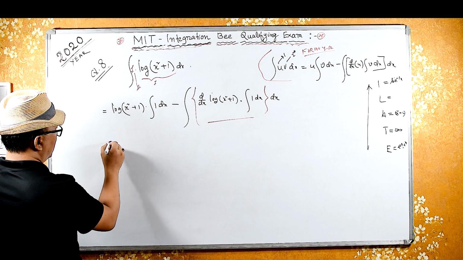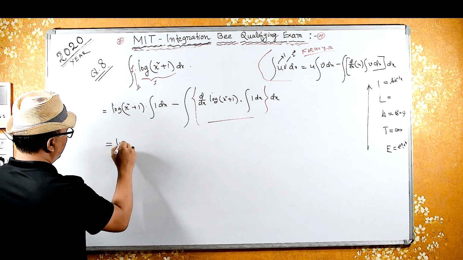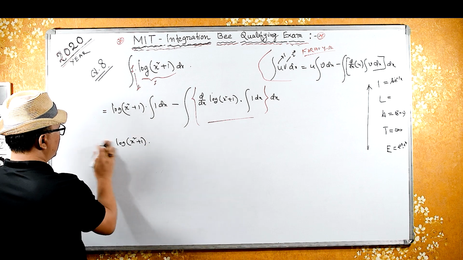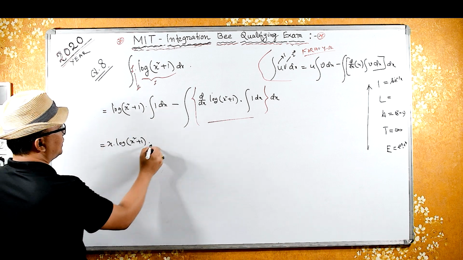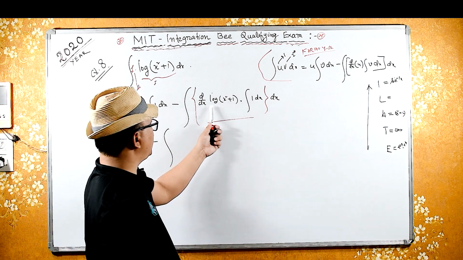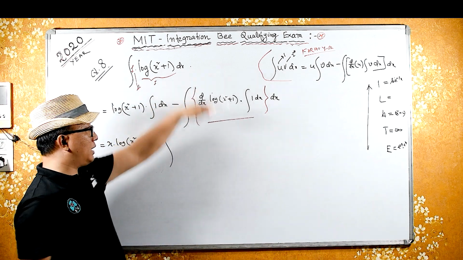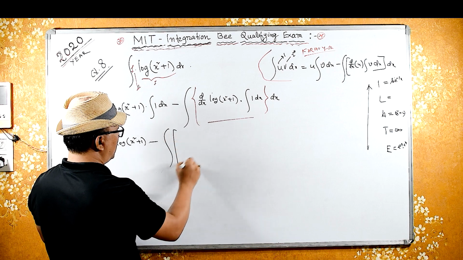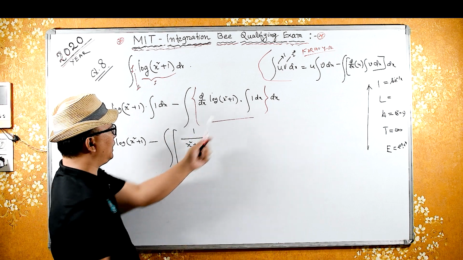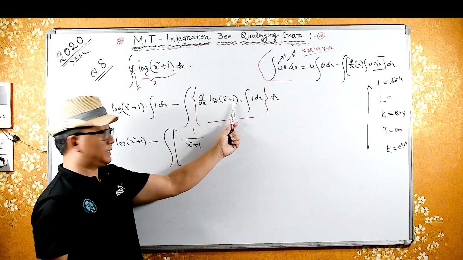Now this equals log of x square plus 1 times integration of 1 dx, which is x. So I will write here x into this, minus integral of differentiation of log of this. Log is what? 1 upon x square plus 1. Again we have to differentiate this with respect to x.